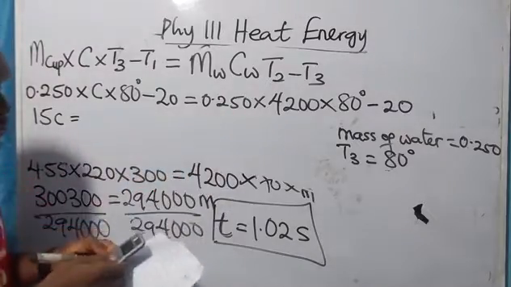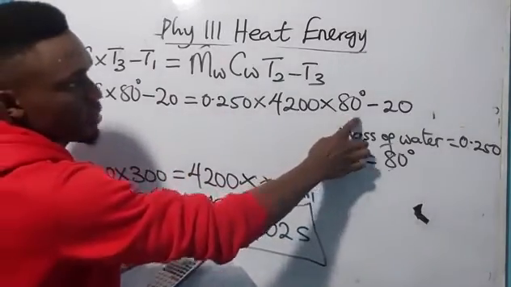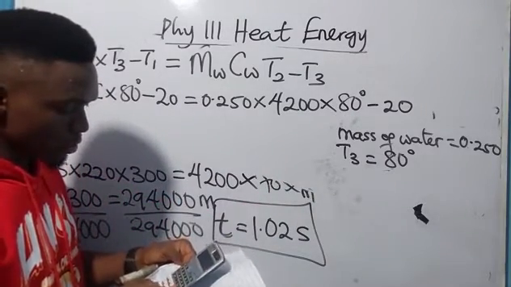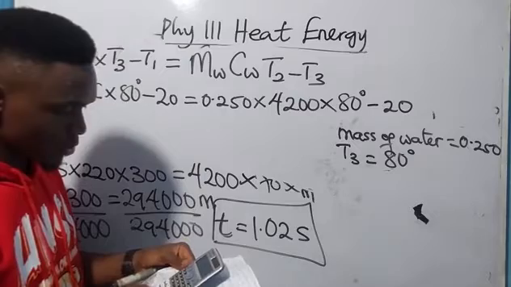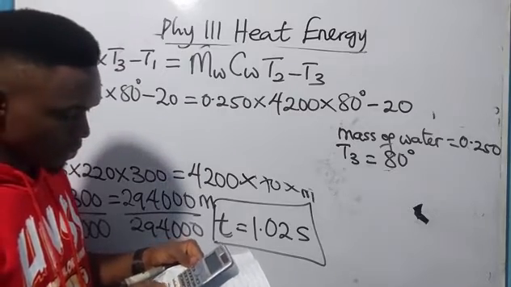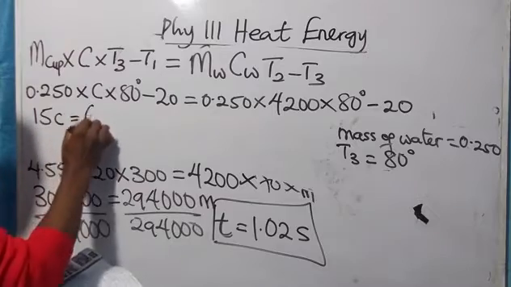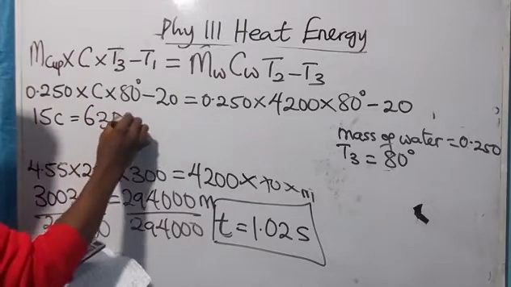Then equals, 80 minus 20, I'll get 60, right? So that becomes 0.250 times 4,200, then times 60. That will give me 63,000.